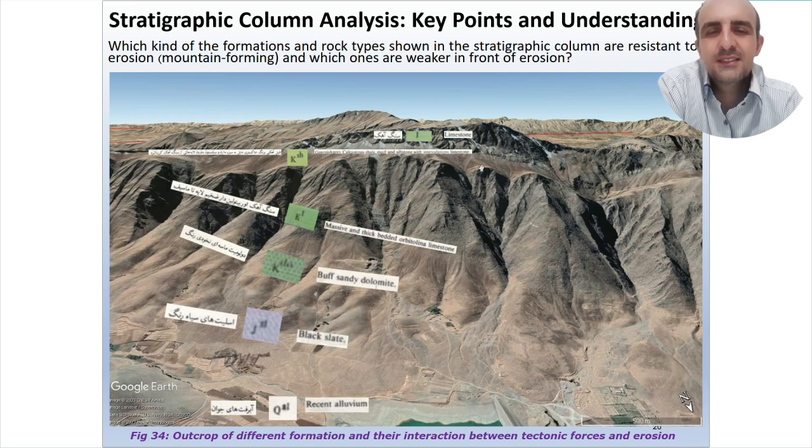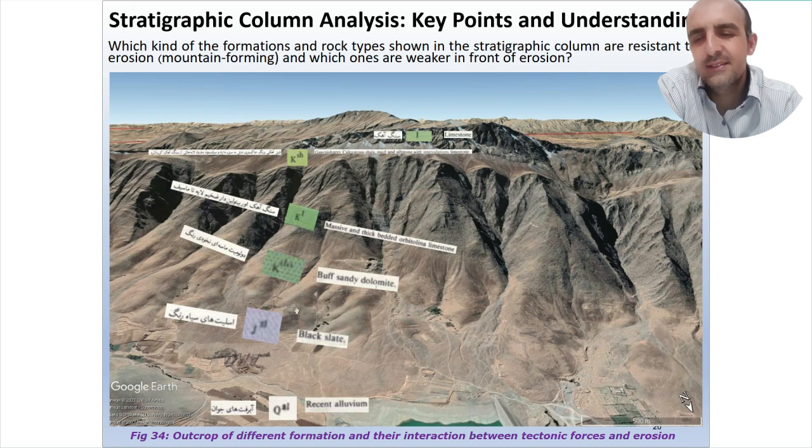And as you can see, there is a throw between two types of rocks, and there is a very sharp decrease of elevation in this area. So the limestone are very erosion resistant, and the shale and marl are prone to erosion.